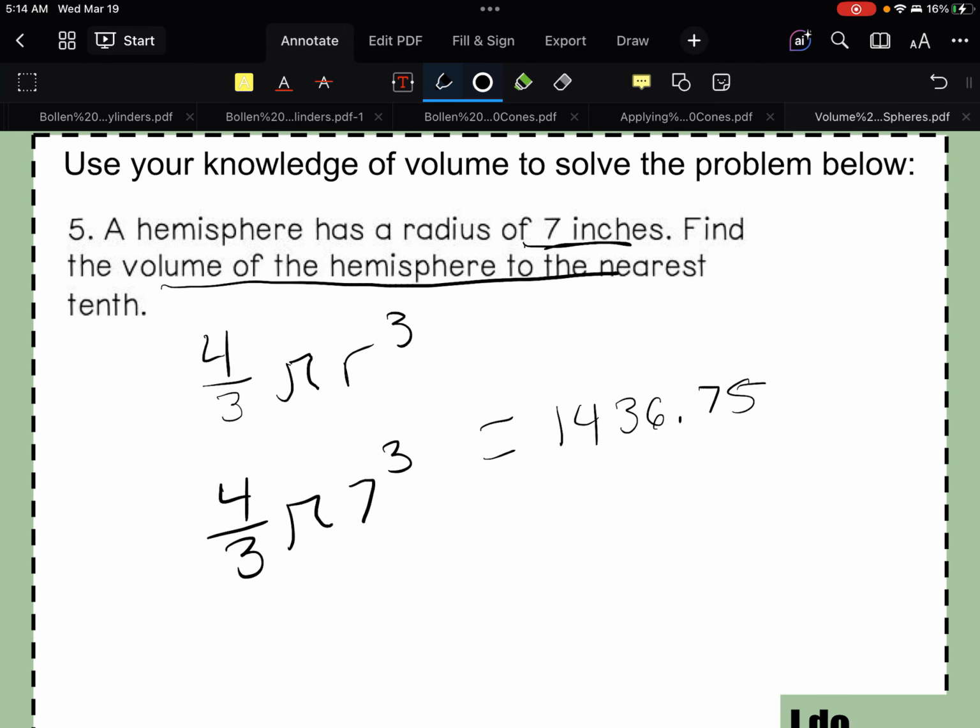1436.75, but then it says hemisphere, so we have to divide that by 2, because a hemisphere is half of a sphere.